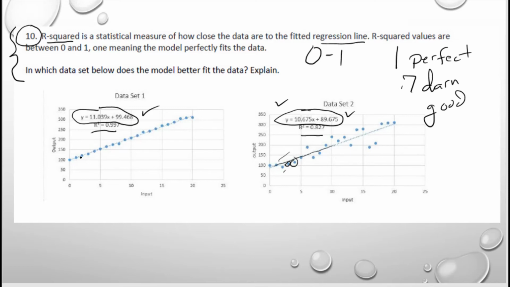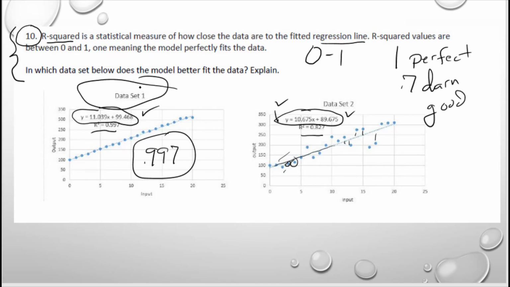Does this line better fit this data, or does this line better fit this data? The answer is, at a 0.997, that is almost a perfect fit, because the line corresponds really well with the data. Over here, this is a pretty good fit, but you've got gaps here and gaps here. And so the answer is data set 1.